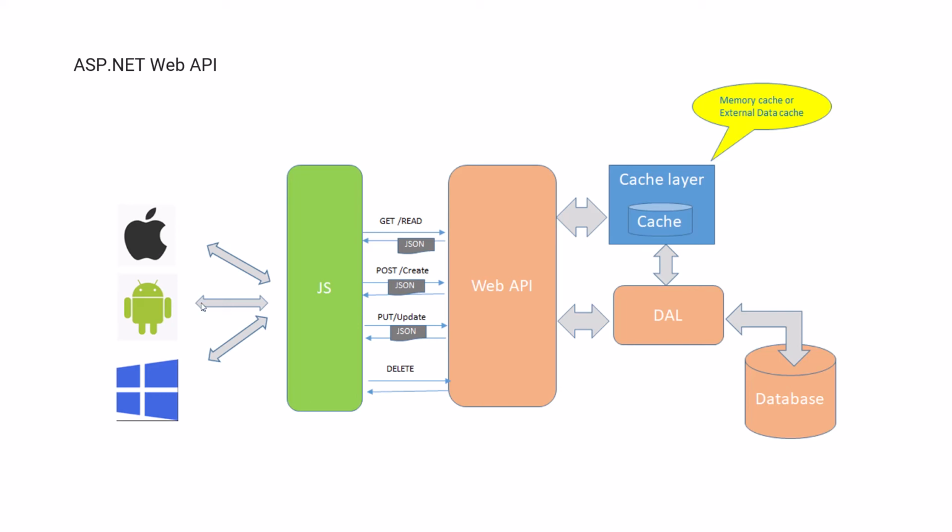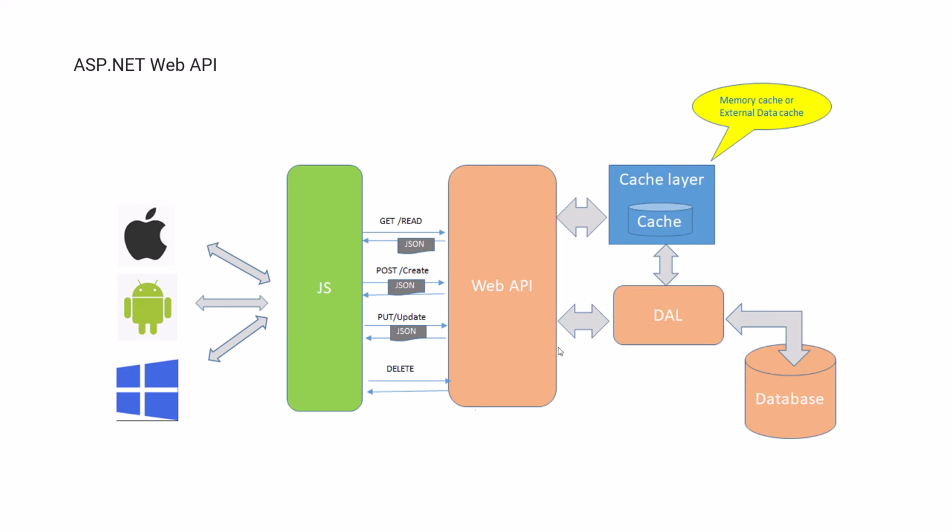We just make a call to the server here, and the request goes as JSON, or it can be of any type, JSON, XML, or any of the data formats. So this goes to the web API, and it internally talks to the data access layer or database, gets the data from there and passes it to the requesting applications.